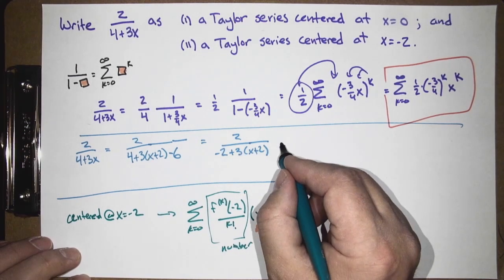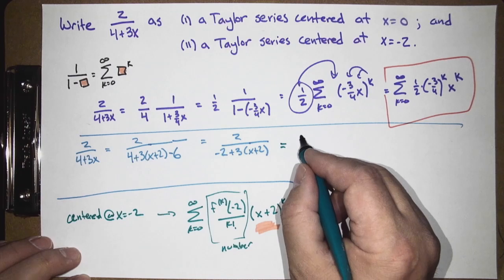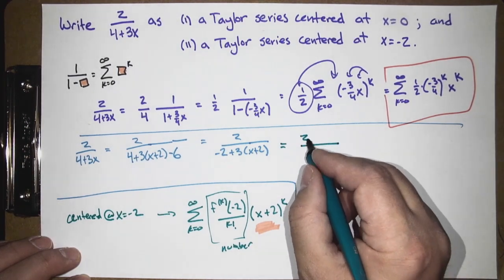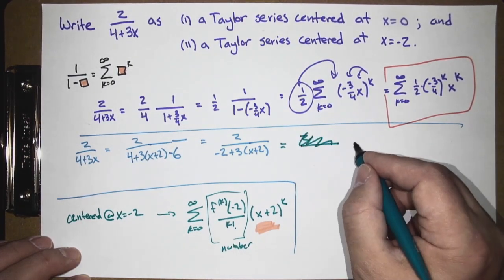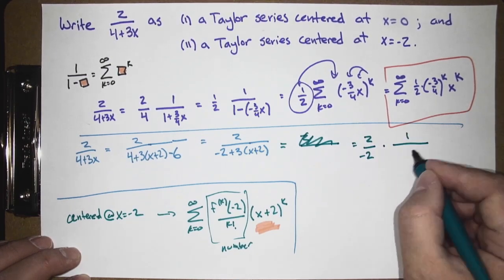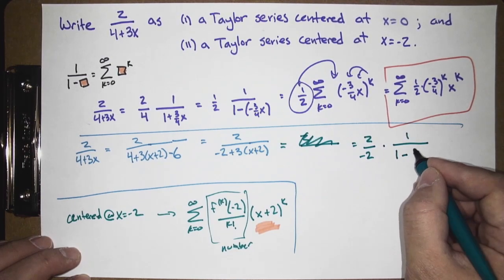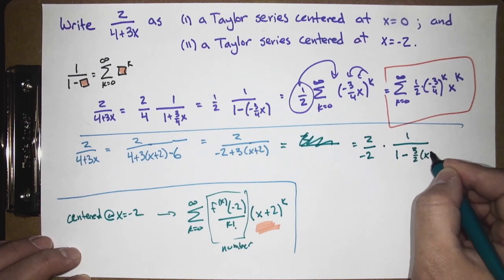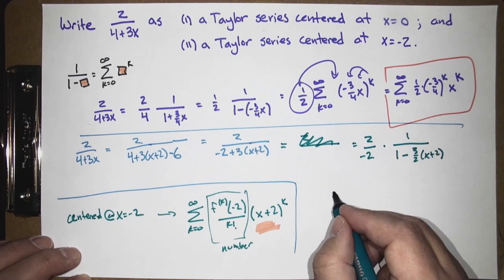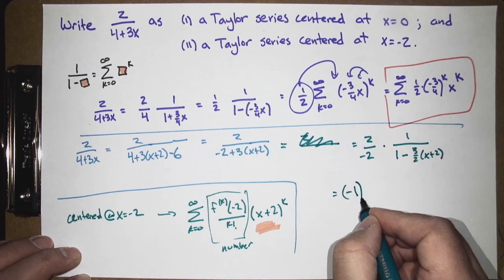Haha, trick question. Do it both. So we'll pull 2 out of the top. Actually, what will we pull out of the bottom? Yeah, -2. So, sorry, I gave myself too big a fraction. 2 over -2 times 1 over 1 minus 3/2 x plus 2. Now the 2 over -2 becomes -1.